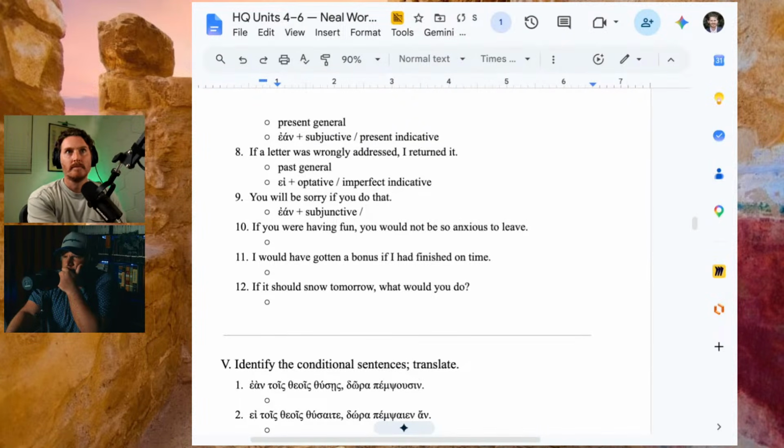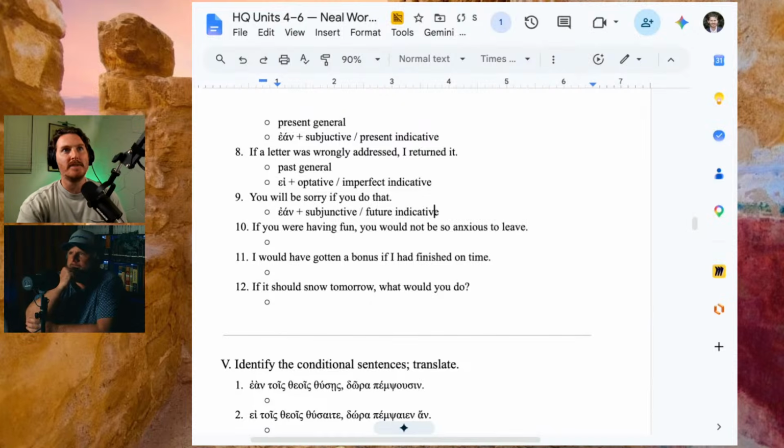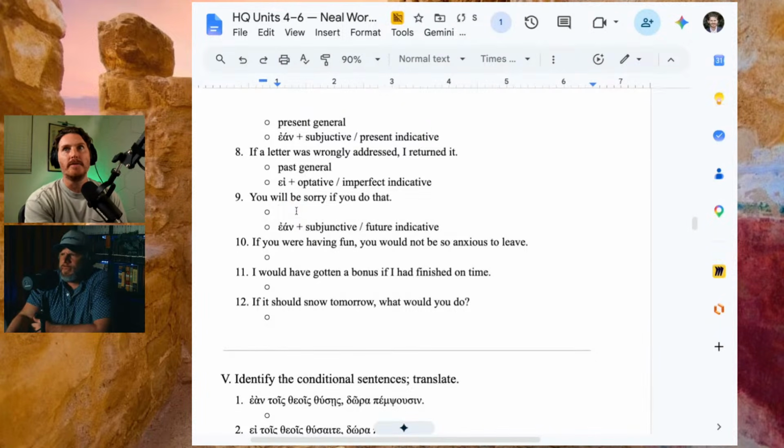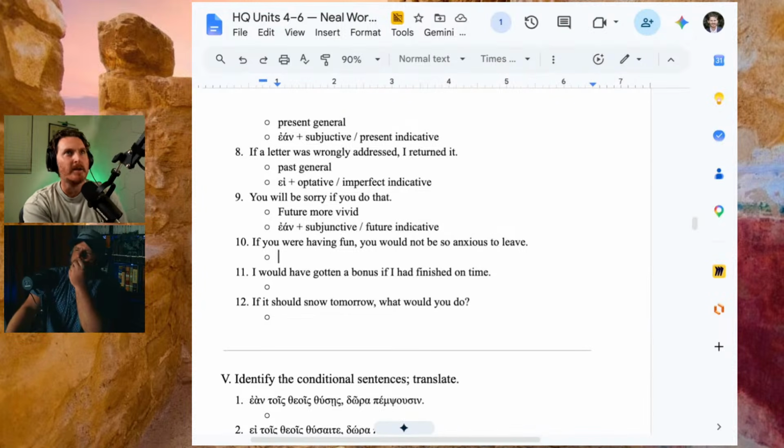And then you will be sorry is future indicative. So it's an indicative statement, and that's future more vivid. So you can see that the word vivid there is really just describing the potentiality of something. It's like the truth value of it. It's more certain. It's more vivid.